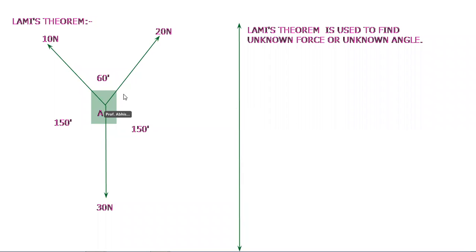Remember this: if this 20 Newton force is hidden, and instead of 20 Newton there is a force P, and you are asked to find P, then you are able to find it by using Lamy's theorem. The only condition is that this body should be in equilibrium.